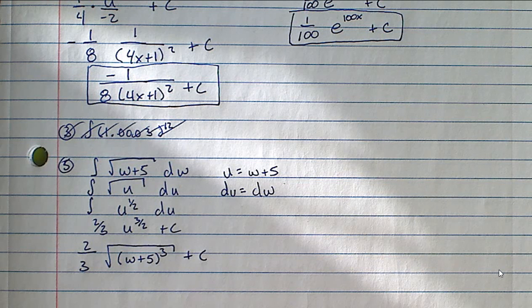All right. Number 6 is a tiny bit more complicated. Number 6 is a tiny bit worse than 1, but only because of fractions.